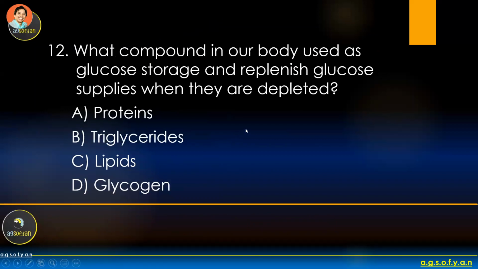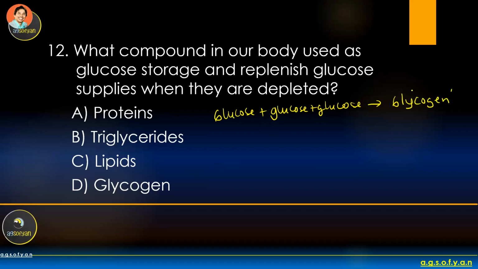What compound in our body is used as glucose storage and replenishes glucose supplies when they are depleted? A, B, C, or D? So when we have extra glucose in our blood, this glucose will be converted into storage. It's called glycogen.